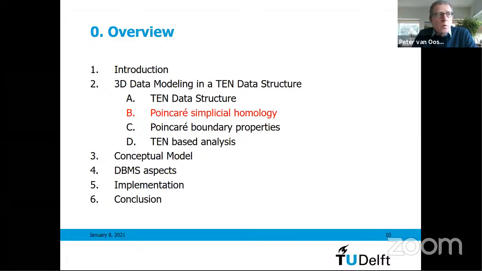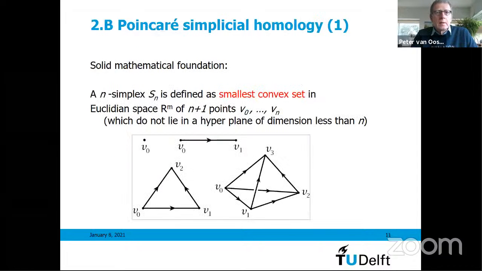Now switch a bit more to the theory of Poincaré. So an n-simplex, Sn, is defined as the smallest convex set in the Euclidean space of Rm. And so that has to be at least as high as n, but could be higher.